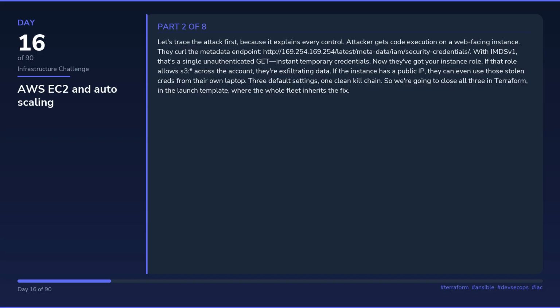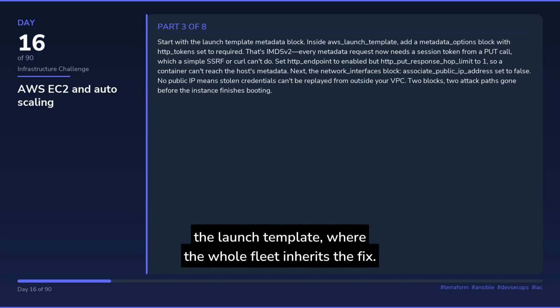Now they've got your instance role. If that role allows s3:* across the account, they're exfiltrating data. If the instance has a public IP, they can even use those stolen creds from their own laptop. 3 default settings, 1 clean kill chain. So we're going to close all 3 in Terraform, in the launch template, where the whole fleet inherits the fix.